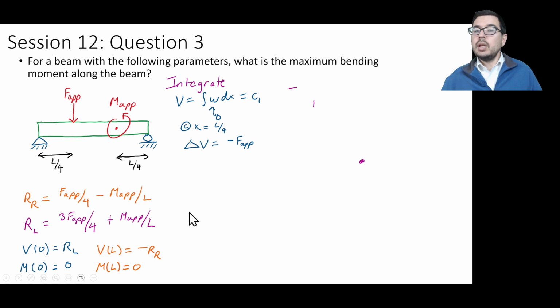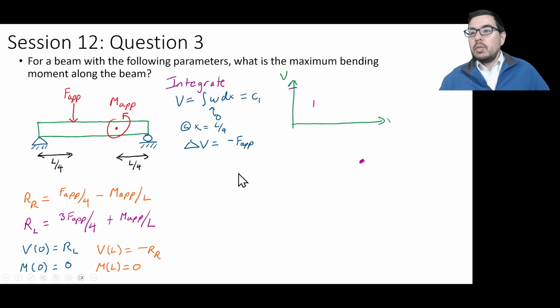So, RR, RL, these are the boundary conditions, and this is where we were with our integration and our understanding of what's going to be happening to the change in the internal shear force. It's going to be negative F app if we're going from left to right. If we're going from right to left, then it would be the opposite sign. This is the equation for the concentrated applied force, and the corresponding one for the concentrated applied moment; their signs are dependent on going from left to right.